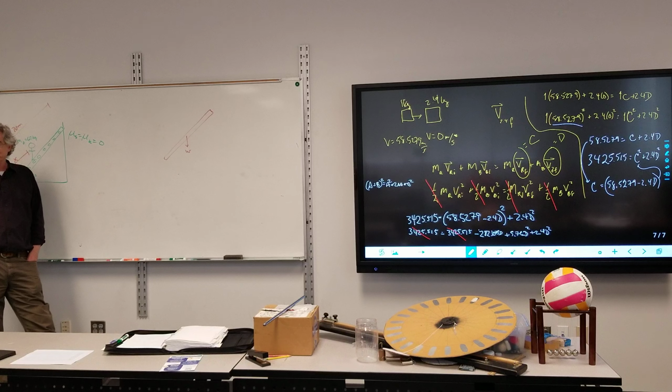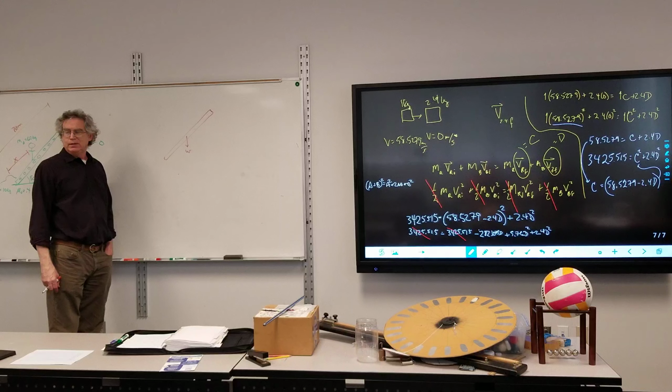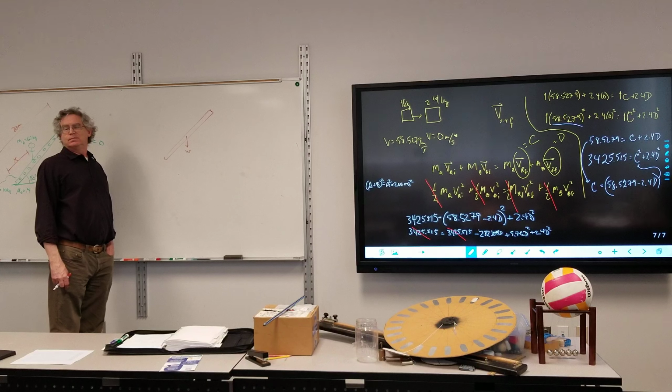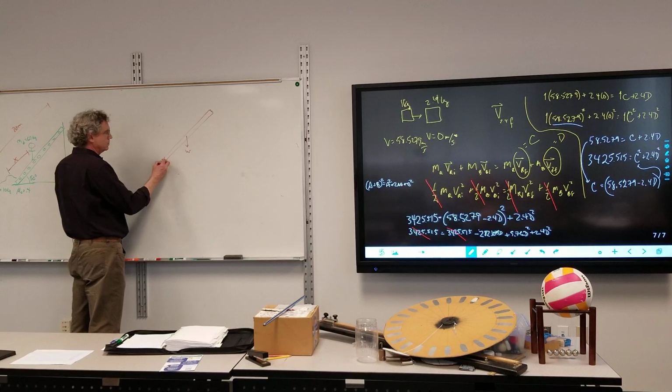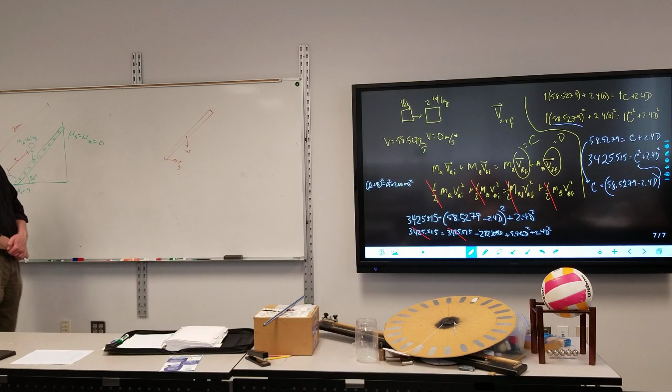What else? Friction on the bottom, acting which way? To the right on the ladder. Okay. We've got at least 3 more. Normal force from the person on top of the ladder.